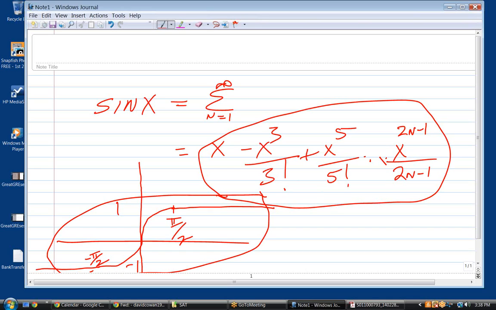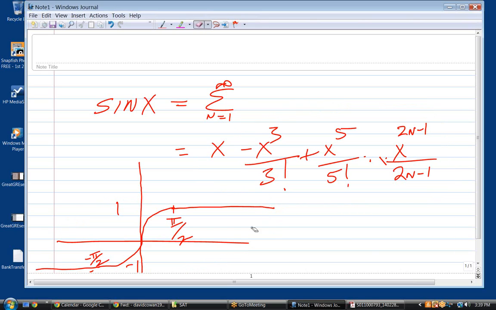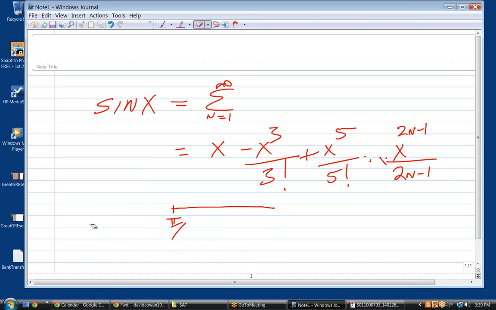So what gives? Why the difference? Well, here's my understanding of it. If we can show that the remainder, in other words, whenever you approximate sine x with a series, you usually approximate it with a certain number of terms, and everything else, the rest of the infinite series, is the remainder.